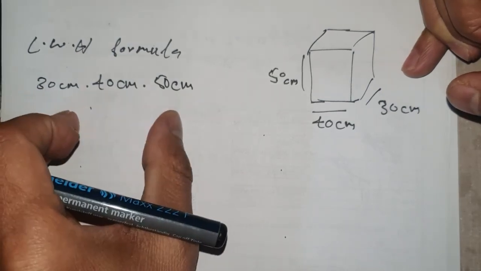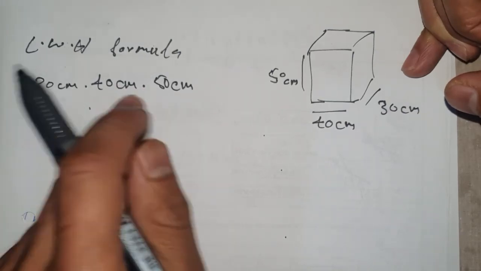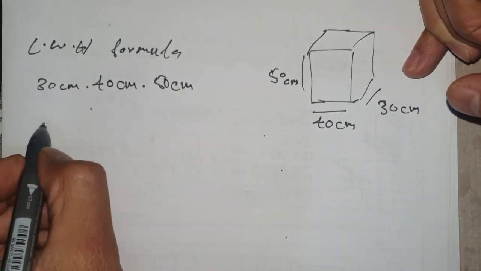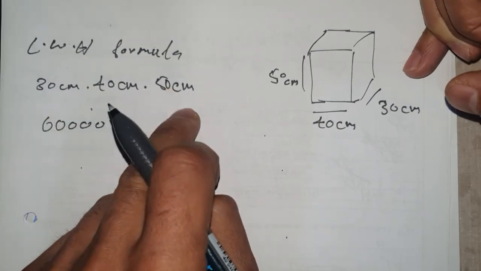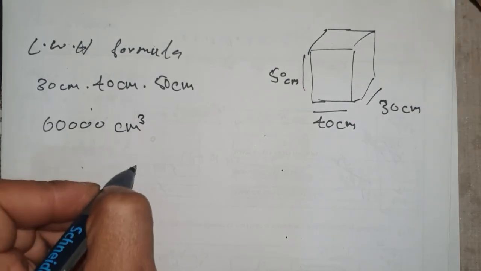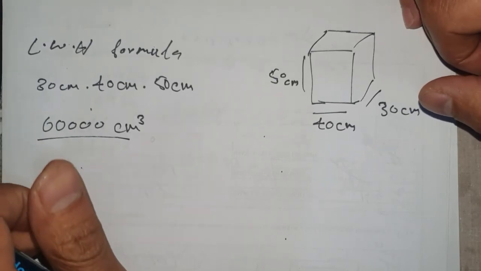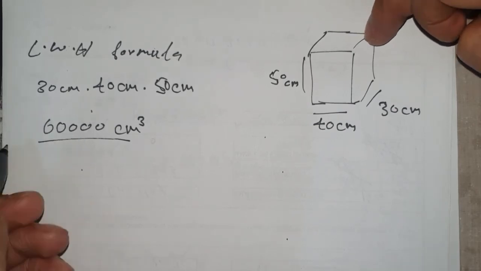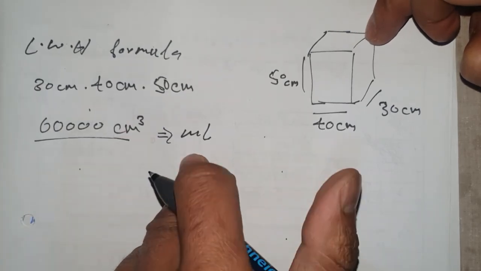We multiply 30, 40 and 50 and get 60,000, and we multiply the units as well, so it's centimeter cubed, cubic centimeters. So we found the volume of this box in cubic centimeters, and we have to change that to milliliters.